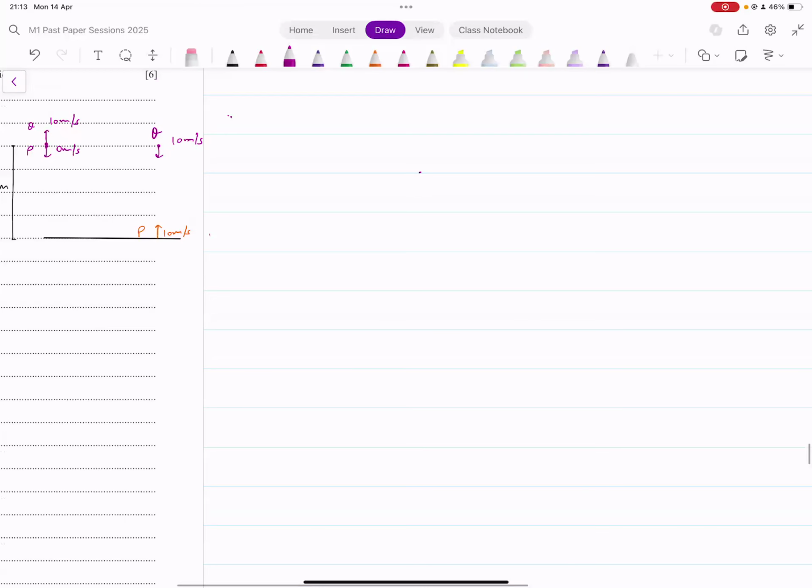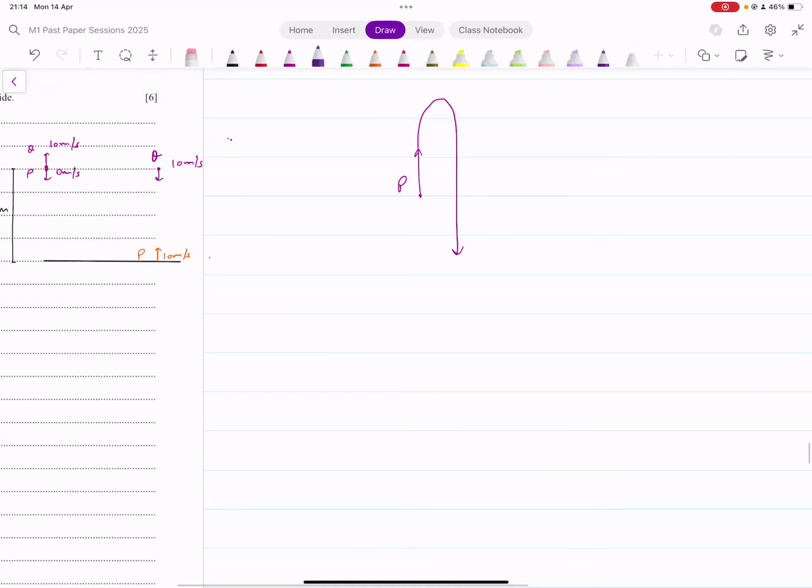For example, P is going upwards and then it goes downwards. We take upwards positive throughout the journey. Doesn't matter whether it's moving upward or downward.